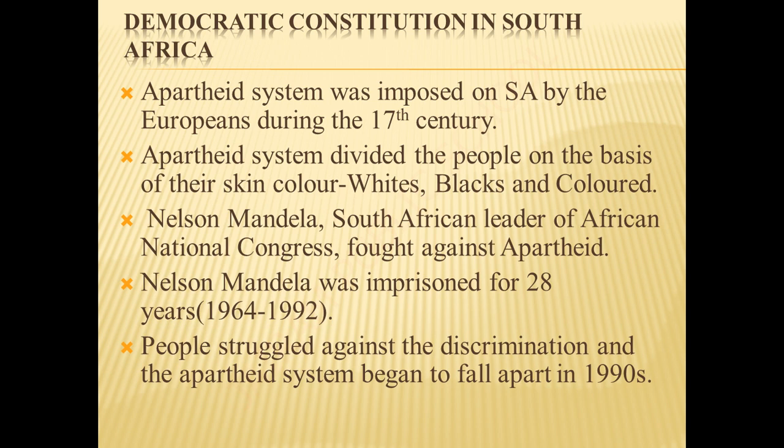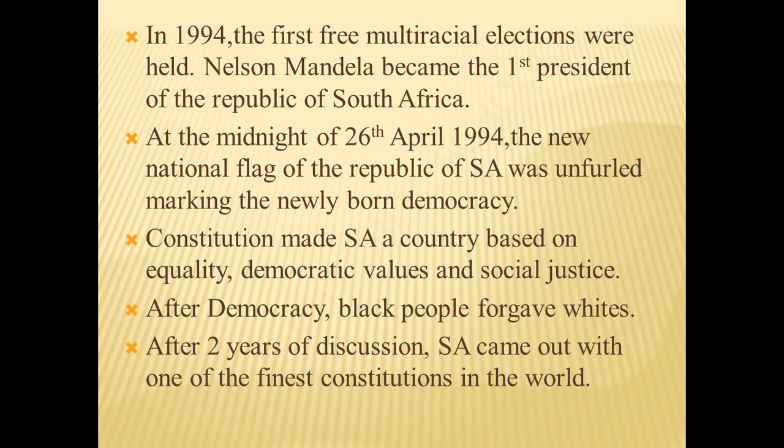After so many struggles and protests that took place, there was a compromise between the blacks and the whites. The segregation and discrimination between the blacks and the whites was slowly resolved in the 1990s. In 1994, the first multiracial elections took place. That is, the election which was not based on any racial discrimination, the election in which the people of all races were allowed to participate, is known as multiracial election.